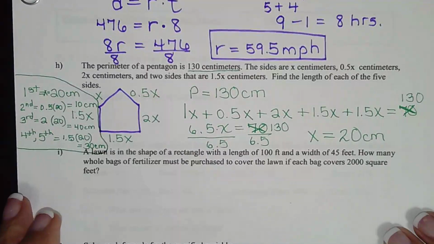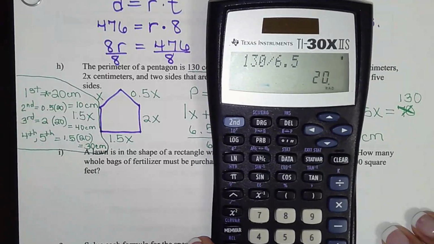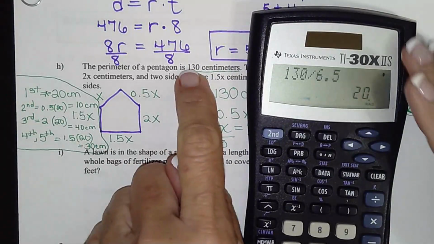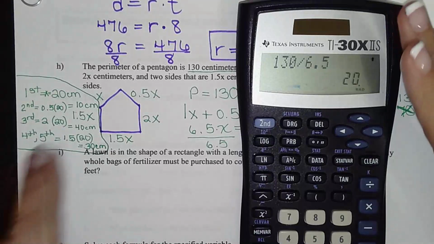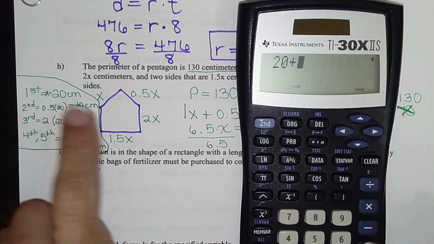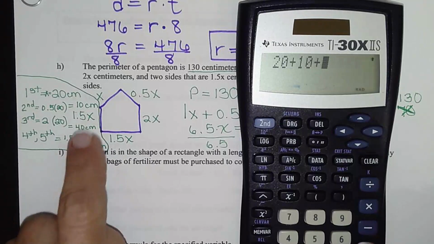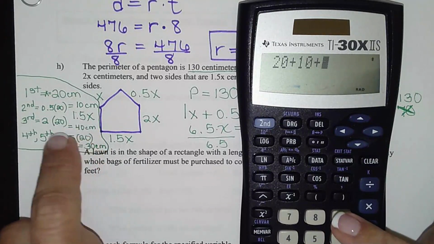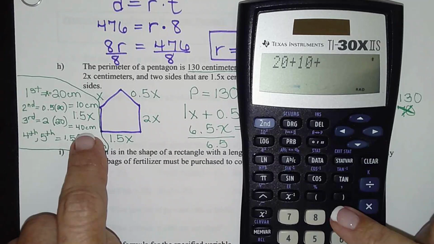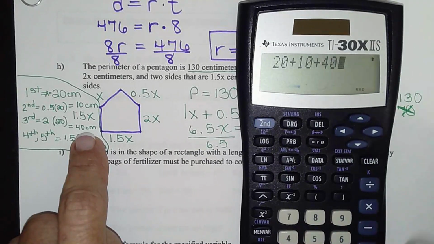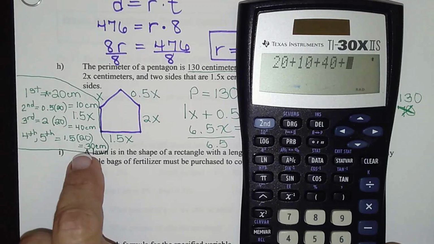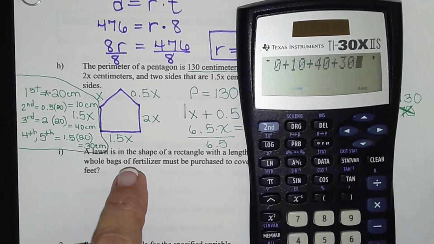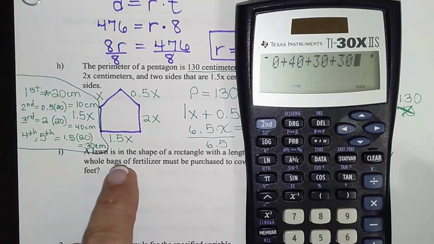And if I was taking a test and this is a problem, I'd rip that calculator right out and add to make sure we get 130. So we have 20 plus 10 plus 40, plus 30 for the fourth side, plus 30 for the fifth side.